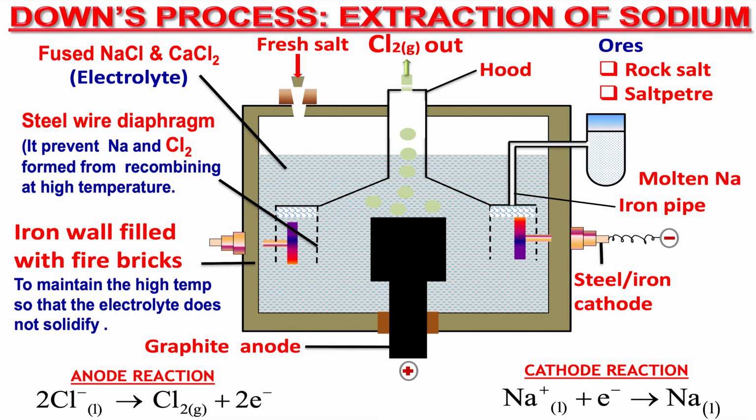The next process that we move to is now the metal extraction processes. And we start with extraction of sodium metal. Sodium metal is very reactive, and it can only be extracted by electrolysis of its ore.